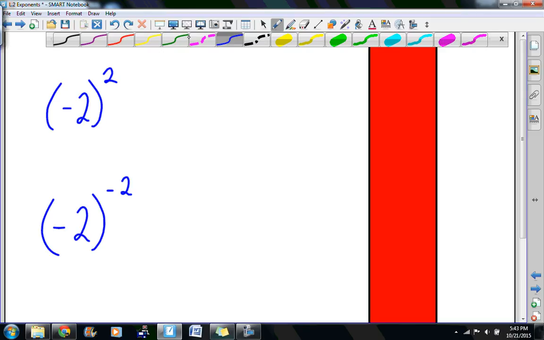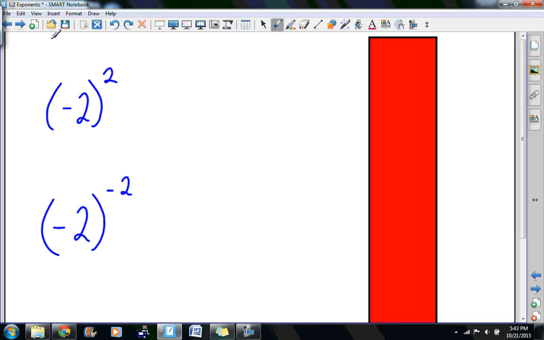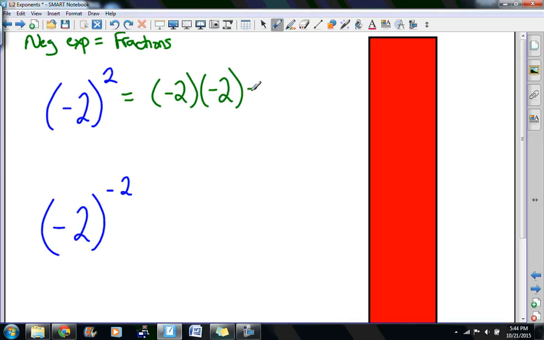If we think of problems like this, I want you to think of negative exponents equal fractions. That's the other thing to jump to. Negative exponents mean fractions. So in this example, negative 2 cubed would be the equivalent of negative 2 times negative 2, which is the answer of positive 4.